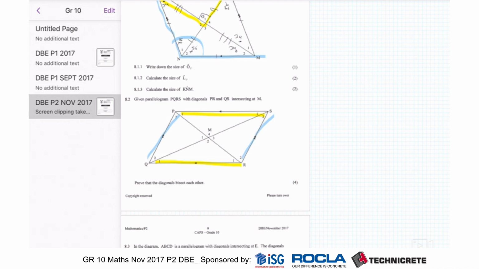So firstly, we're going to say that given we've been given parallelogram PQRS with diagonals.